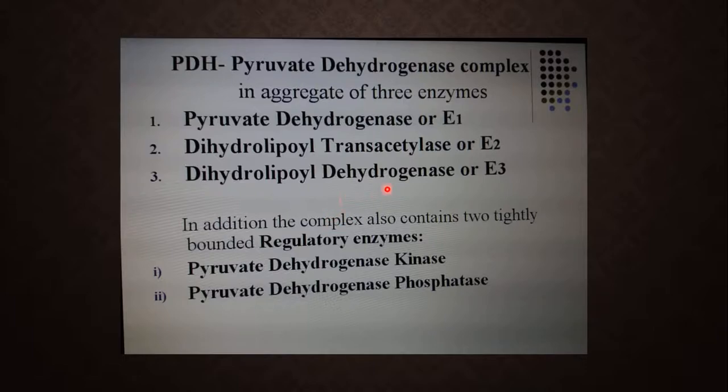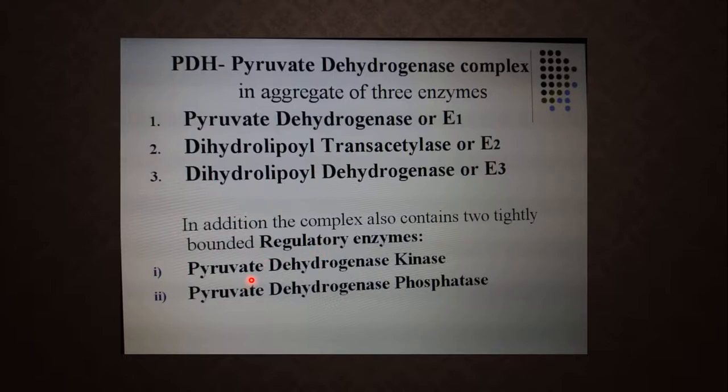These are the three enzymes, but in addition the complex also contains two tightly bound regulatory enzymes. I'm stressing that there are two regulatory enzymes, and the word itself is very meaningful. They help regulate the reactions.